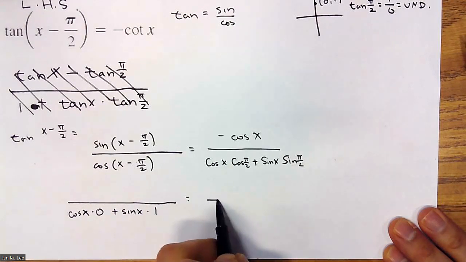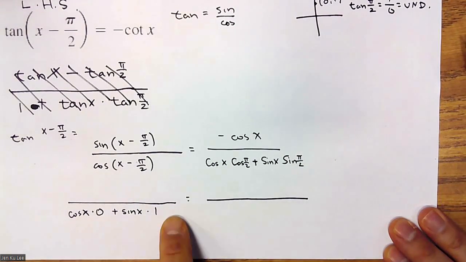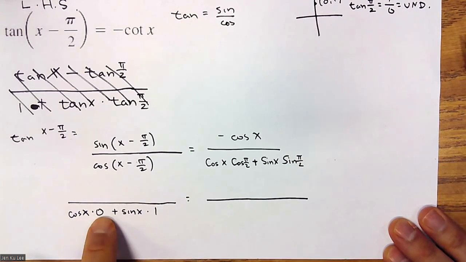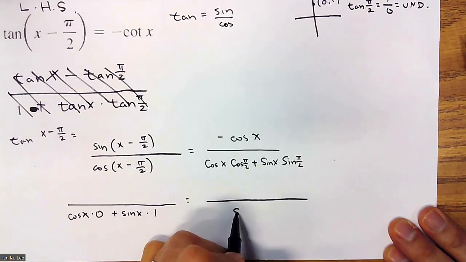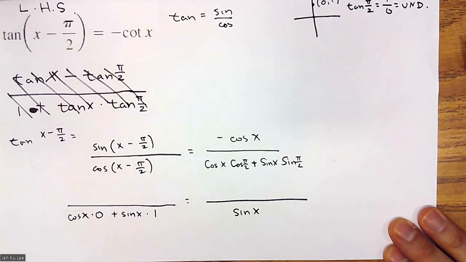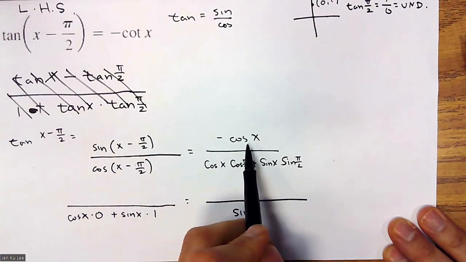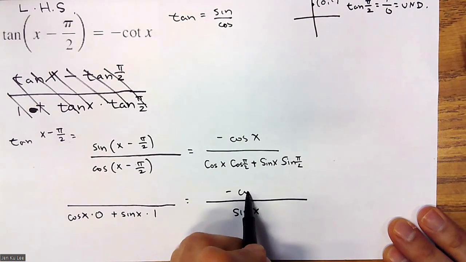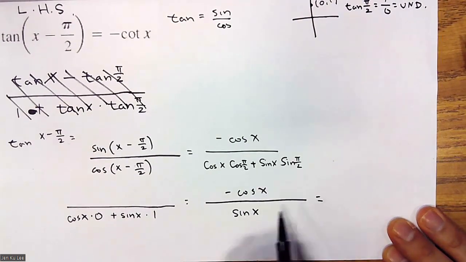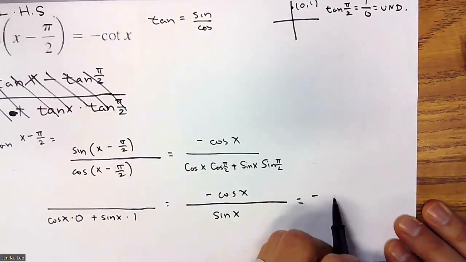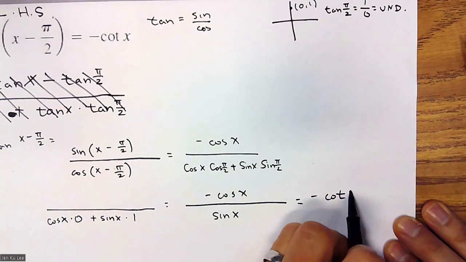So if I simplify this, cosine of x times 0 is 0, plus sine times 1, that's just sine of x. In my numerator, I have negative cosine of x. Cosine over sine is cotangent.